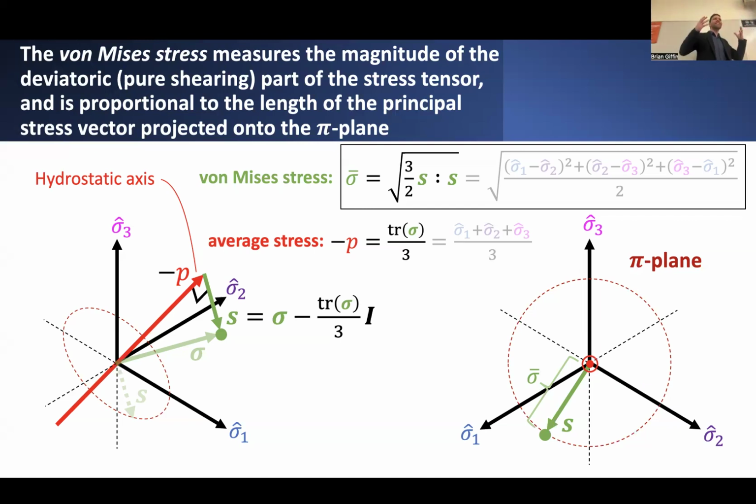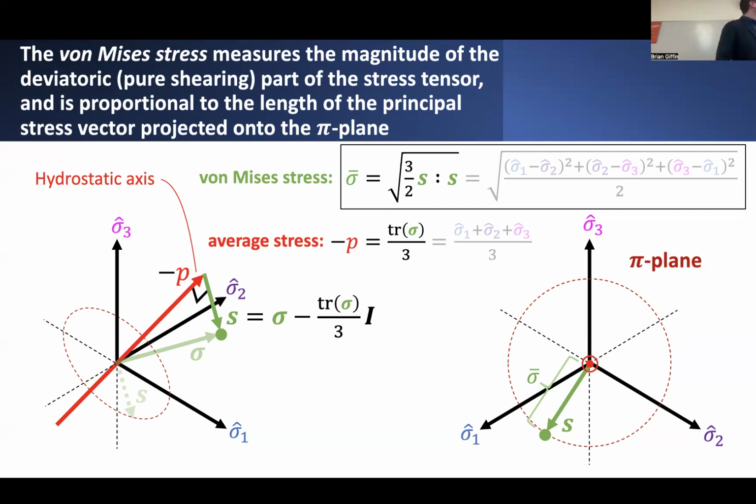Now, when represented within this principal stress space, you can actually show that the component of the pressure in this material corresponds to a vector that happens to be aligned with an axis that is equidistant from each of the 3 principal axes in this stress space. So it's always oriented in a direction that, from this perspective, looks like it's pointing straight out of the page.